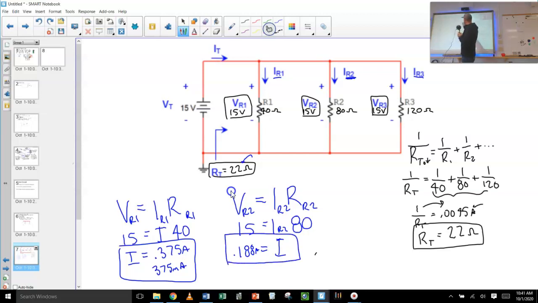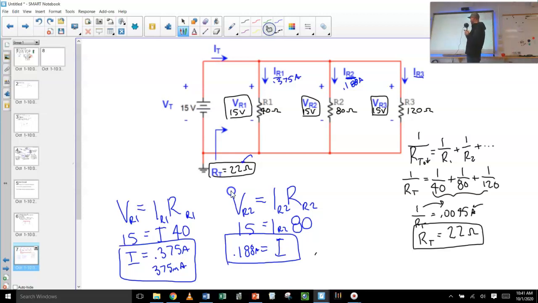So IR1 is 0.375 amps. Current through resistor 2 is 0.188 amps. And I'll do the exact same thing for my third one.